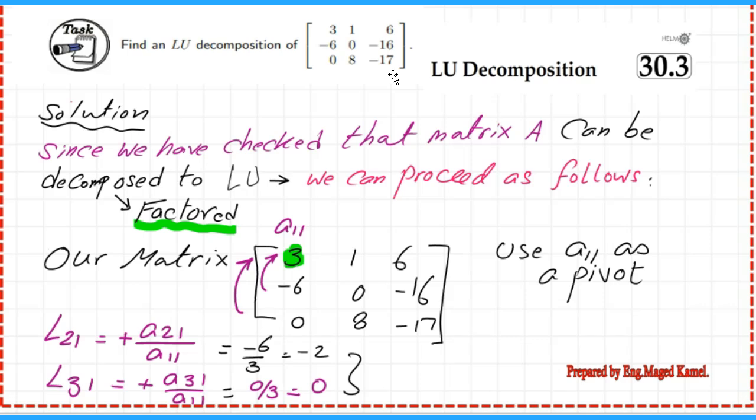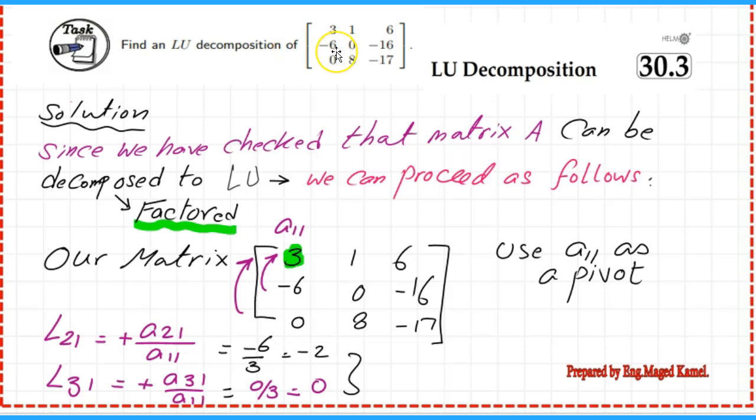And we start to get part of the lower matrix. First, we get L21 and L31 by using A11 as the pivot. We divide this element by this element, so we have minus 6 over 3, which is minus 2.